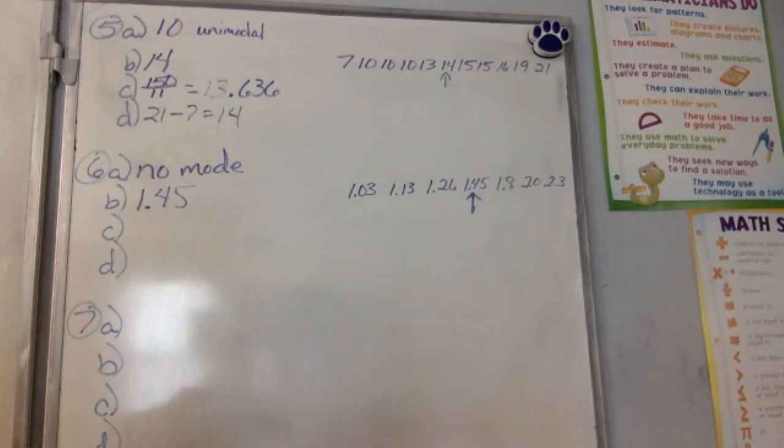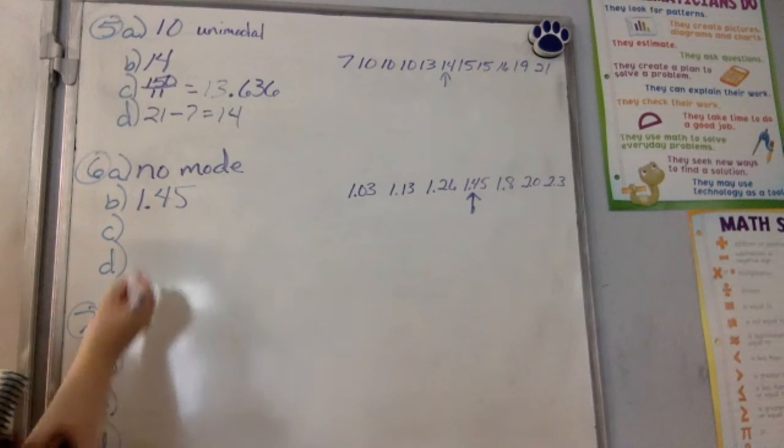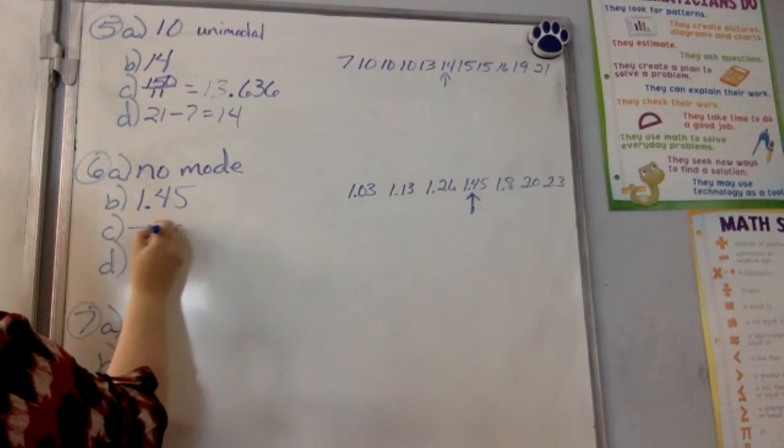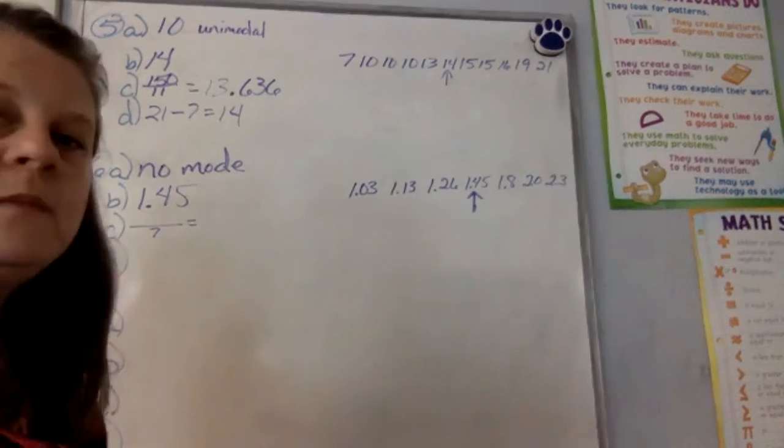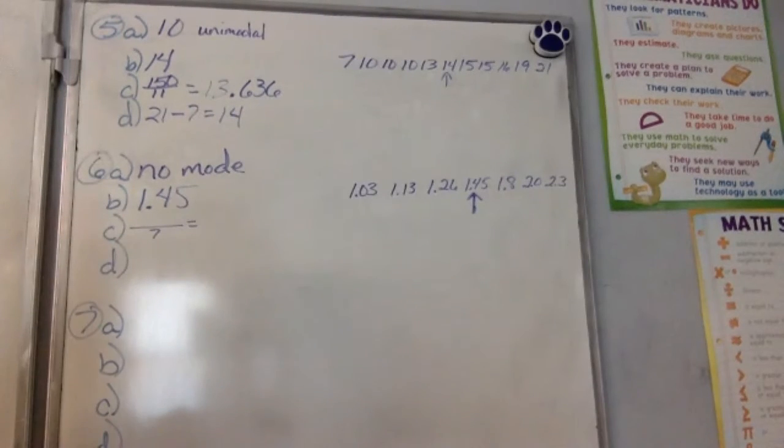Now, to find the mean, we add them all up and divide by 7, since there were 7 data values total. So we'll do that real quick. We're going to take those numbers that I wrote over there.